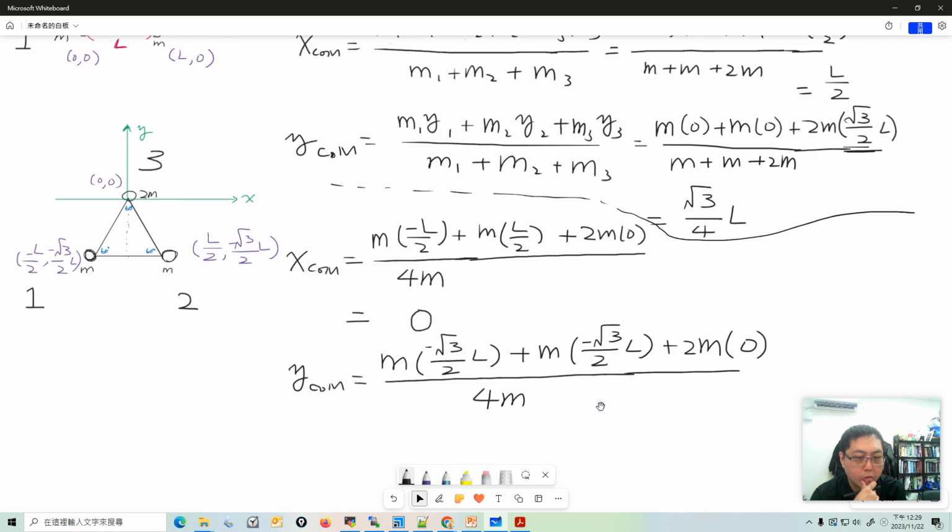Did I calculate something wrong? No. The mass m will cancel out, so this will be minus square root of 3 L.